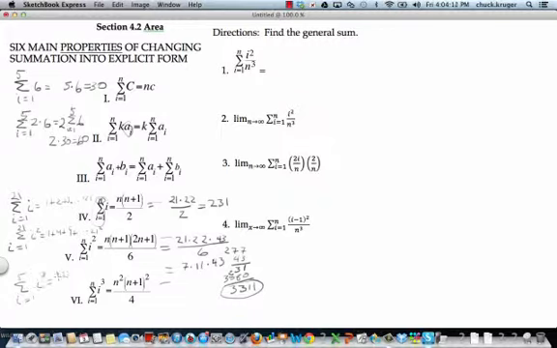So in this case I have 1 plus 8 plus 27 all the way up to 125, and this would be the same as 25 times 36 divided by 4, which gives me 225, I believe. I'm pretty sure that's right. Okay, so those are some applications.